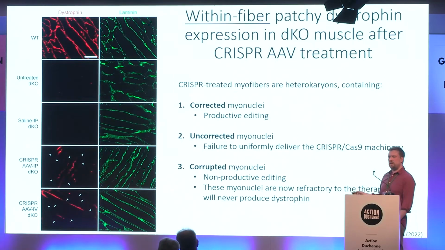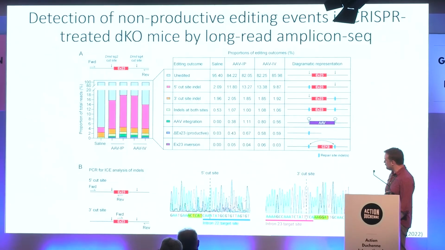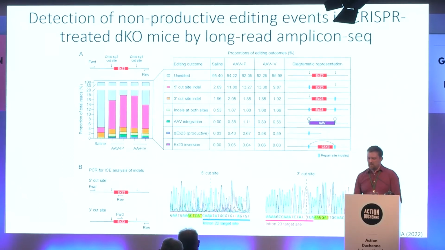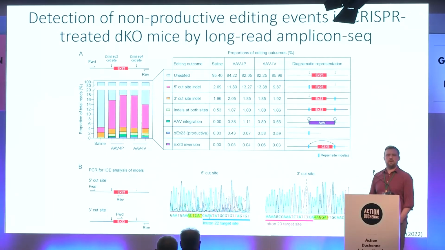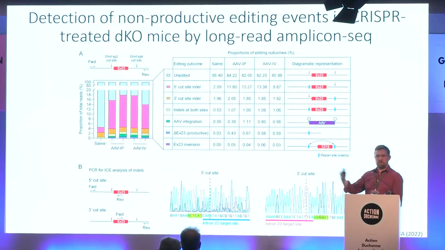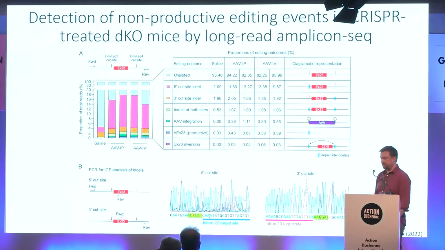I think this is a really, really key point that has been perhaps a little bit ignored. And I propose that while these non-productive repair events occur, you will always get these mixed fibers with myonuclei that both express and don't express dystrophin, leading to a patchy expression.